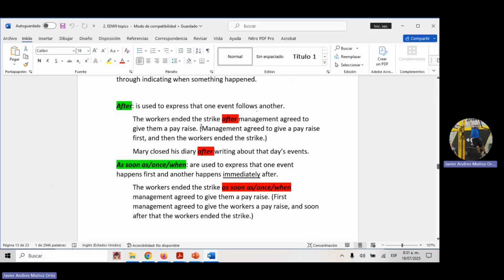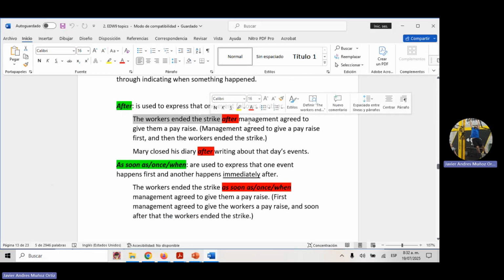The workers ended the strike after management agreed to give them a pay raise. In this case, the situation starts with the management agreeing to give the workers a pay raise, and the next situation, the following activity, is that the workers ended the strike.